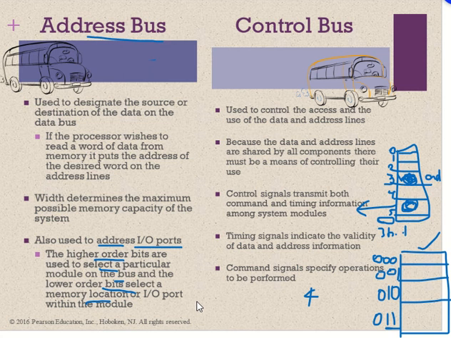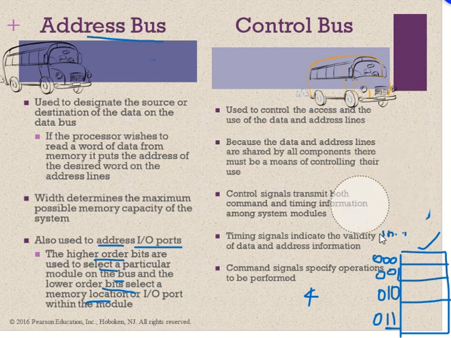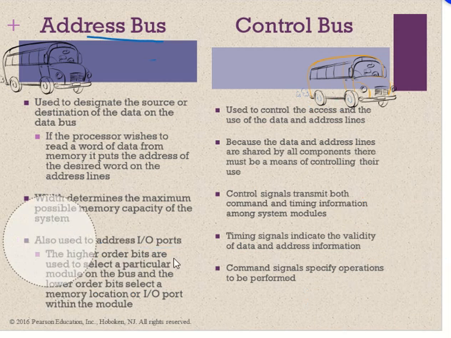So the higher order bits contain the address of the particular module, and the lower order bits contain the memory location, so that it can take the data from memory and send it to the IO. So the address bus contains two parts, higher order and lower order.